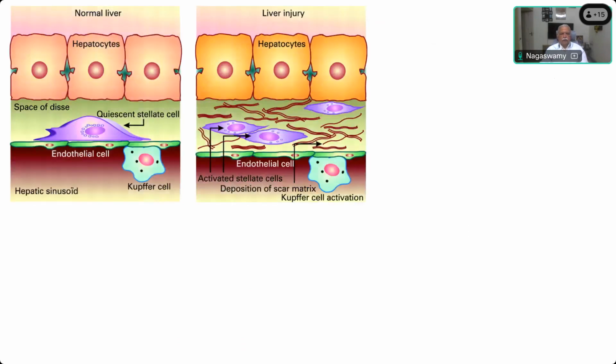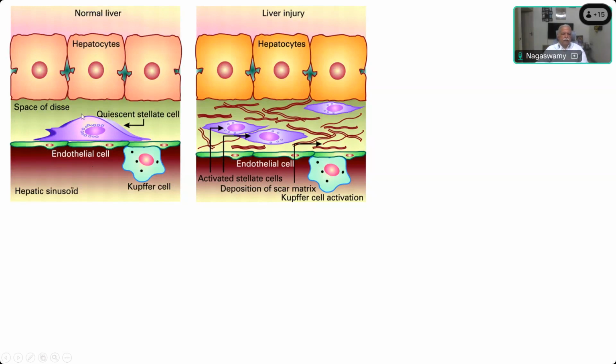So this picture will give you an idea about a normal liver. These are the hepatocytes, and this is the sinusoid with the endothelial lining here, and between the hepatocytes and the sinusoid, this gap is called the space of Disse.